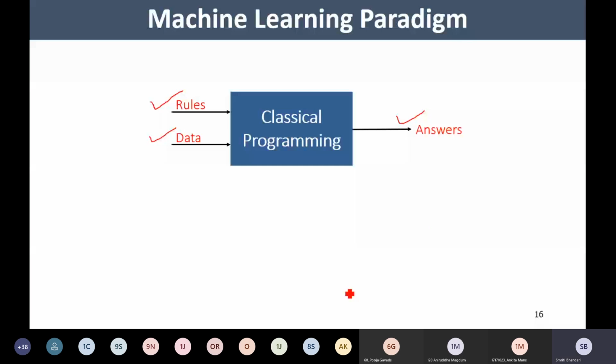Okay, so we want to detect spam emails and we are making use of classical programming. In classical programming we have data and rules that we need to apply on that data to come up with the answers. In our problem, we have the data, and that data is the set of emails.